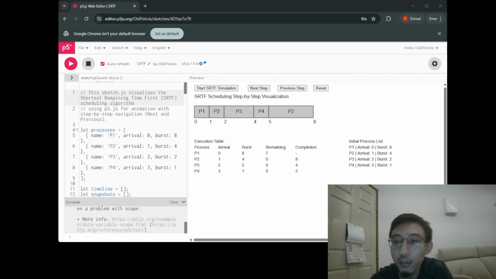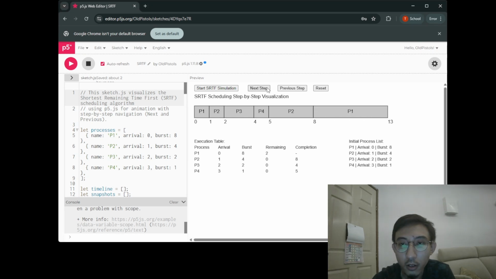It resumes and runs until it finishes at time 15. So the timeline above shows how the CPU switches between processes based on their remaining times.